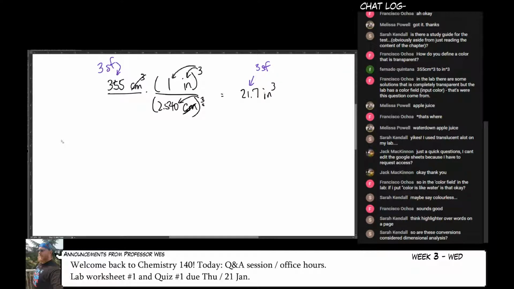Are these conversions considered dimensional analysis? Yes. Oops, that's the wrong size paintbrush. Hold on. There we go.